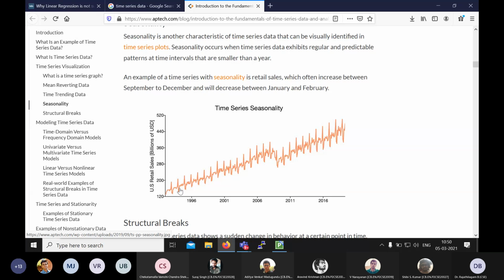So here you cannot have a single regression line that will go through the entire range from 1991 to 2016. You cannot use a common regression from 91 to 2016, you cannot have a single line. A lot of error is going to be there.